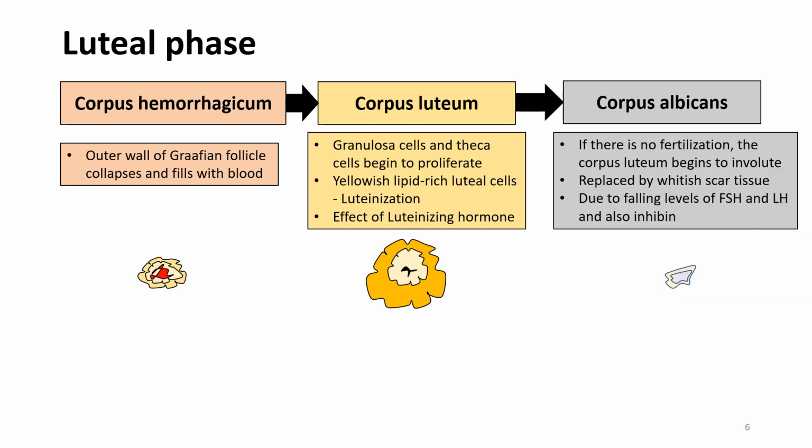Now, if there is no fertilization, the corpus luteum begins to regress and it is replaced by a whitish scar tissue, and this is due to the falling levels of FSH and LH and also inhibin, which are secreted by the lutein cells.